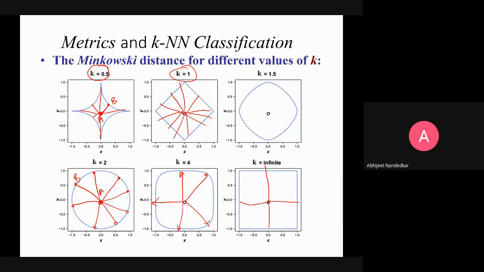So once you change the distance norm, you actually get different results in your KNN. KNN is very sensitive to how you measure the distance between 2 points. So it's not always a good idea to use Euclidean in all the problems.